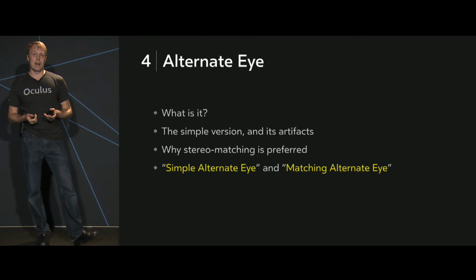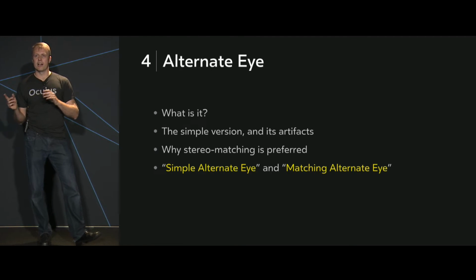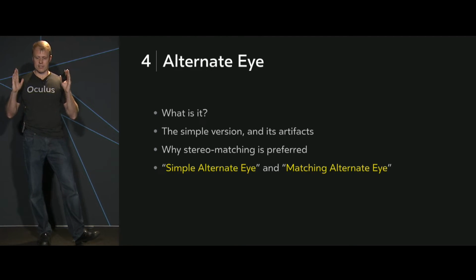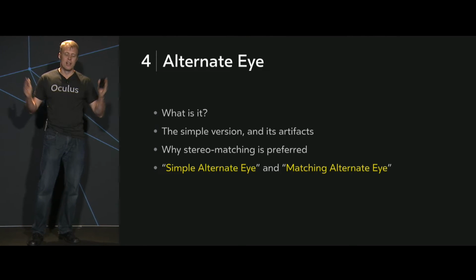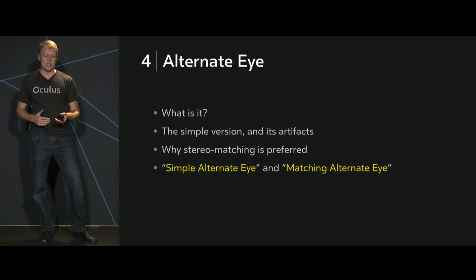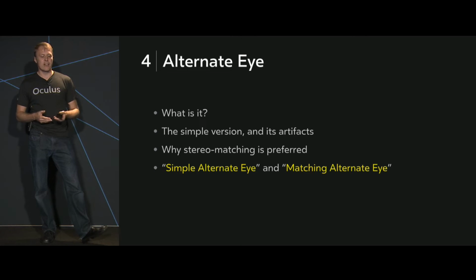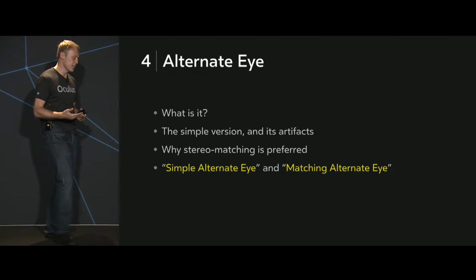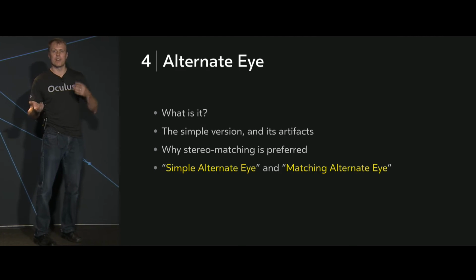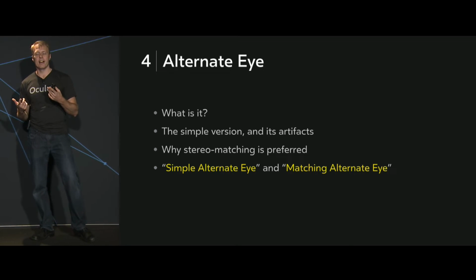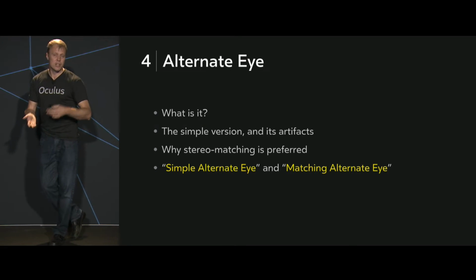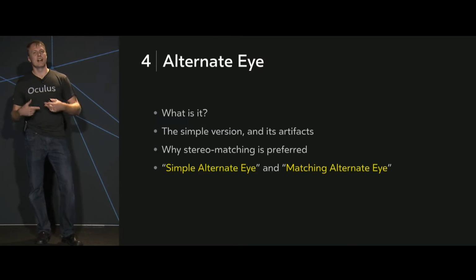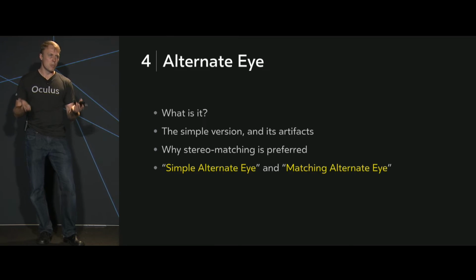This is particularly bad if you're strafing sideways, where your effective IPD kind of shrinks and then grows. So if interested in alternate eye methods, then the stereo matching version is the one to use. So we provide a sample for that. There's a bit more logic, and you kind of hang on to the older eye buffers until you have a stereoscopic matching pair. That's much more comfortable. You've still got the artifact of the moving objects, but for some applications, maybe that fits.